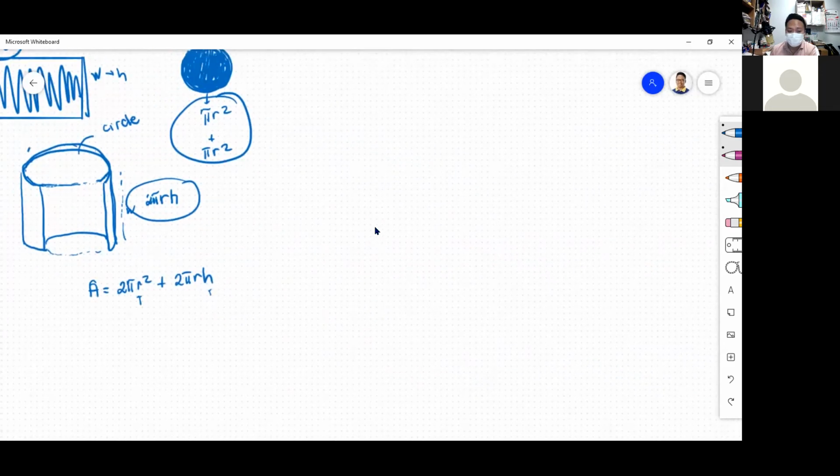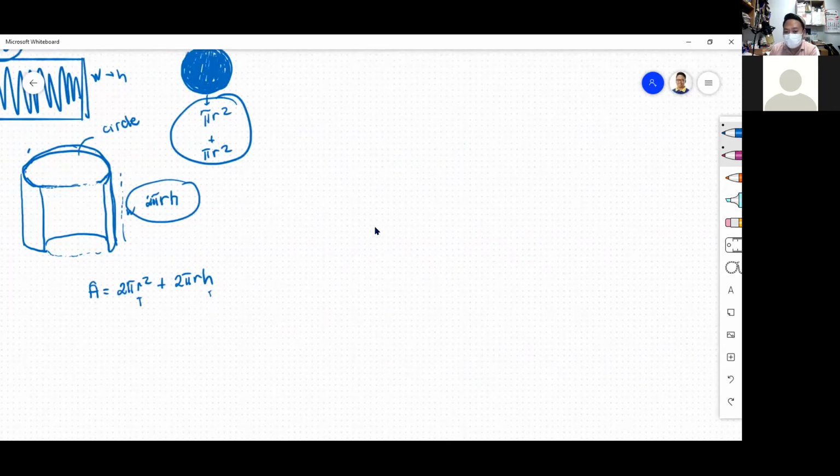Going back sa volume, what's the formula sa volume for cylinder, guys? Sige, butangan nako ug subscript na volume. We need to say volume of a cylinder. What's the formula sa volume of a cylinder? Pi r squared h.